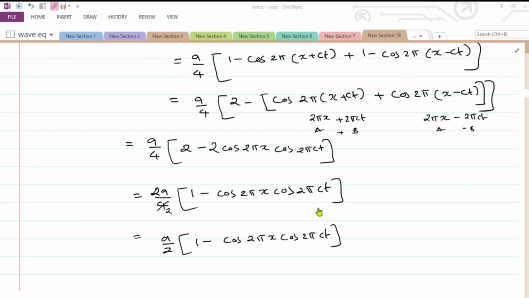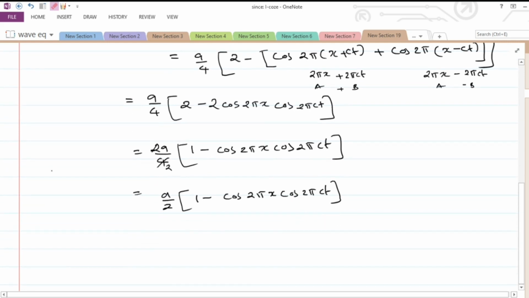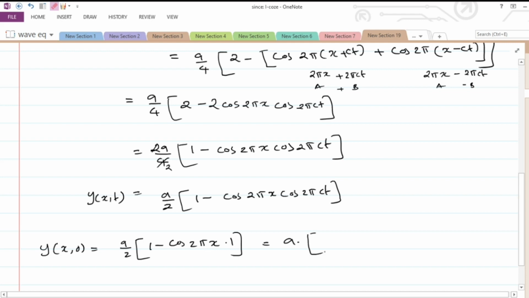You can also check whether it satisfies the initial condition by substituting t equal to 0. For example, we can substitute in this y of x,t: y of x,0 equal to a by 2 into 1 minus cos 2 pi x into 1. That is a into 1 minus cos 2 pi x divided by 2.